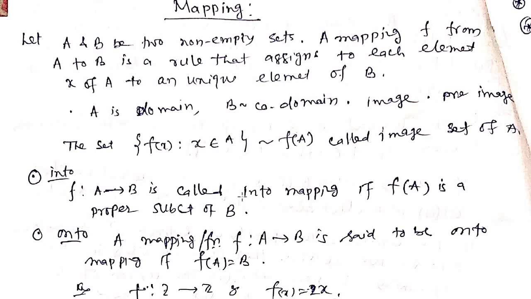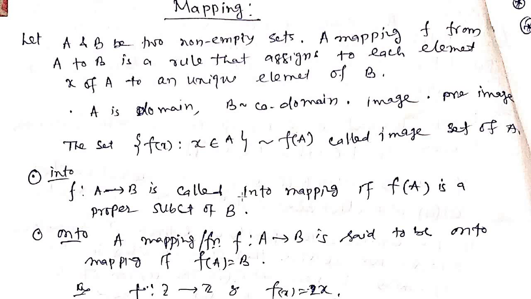A mapping F from A to B is a rule that assigns to each element x of A a unique element of B. That means every element of A is mapped to a unique element of B: one element can go to one element, and every element of A should be mapped to some element of B.